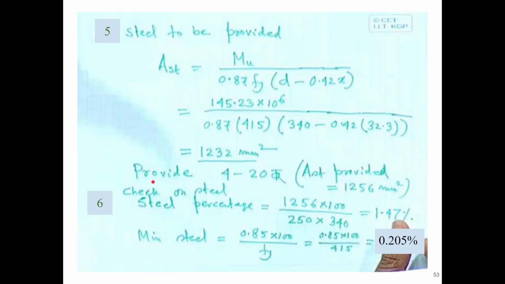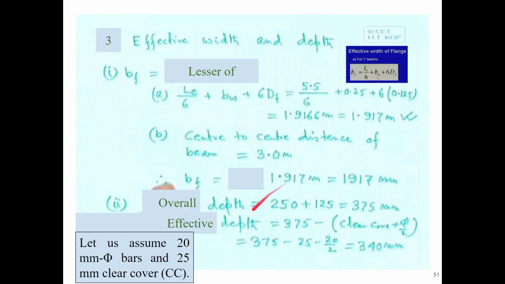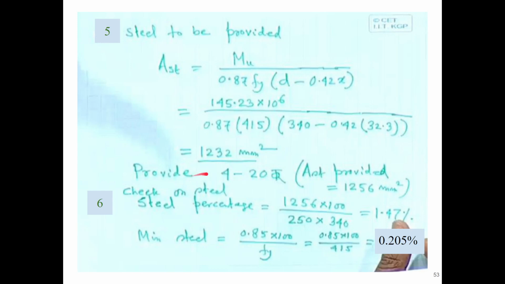So therefore this is the amount of steel that is required. If we provide 4 bars of 20 diameter, because we have assumed the diameter of bars to be 20, the Ast provided will be 1256 millimeter square.